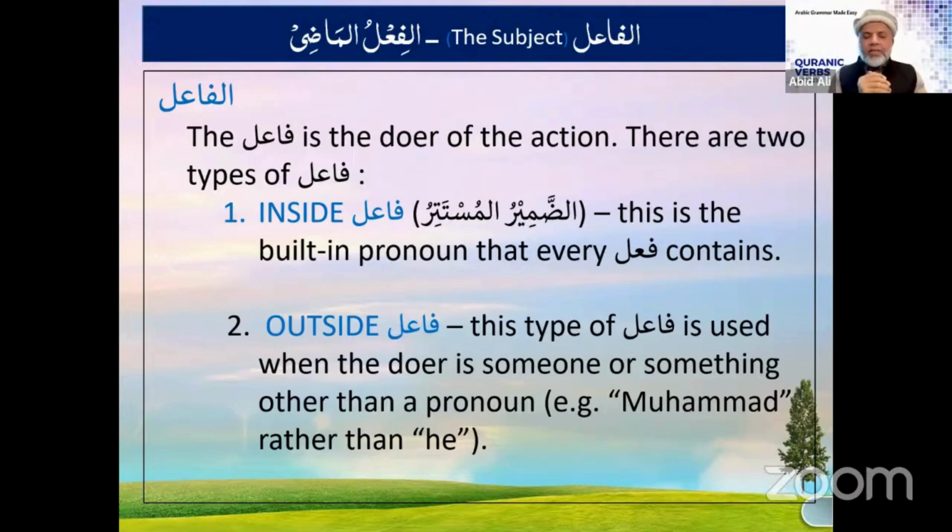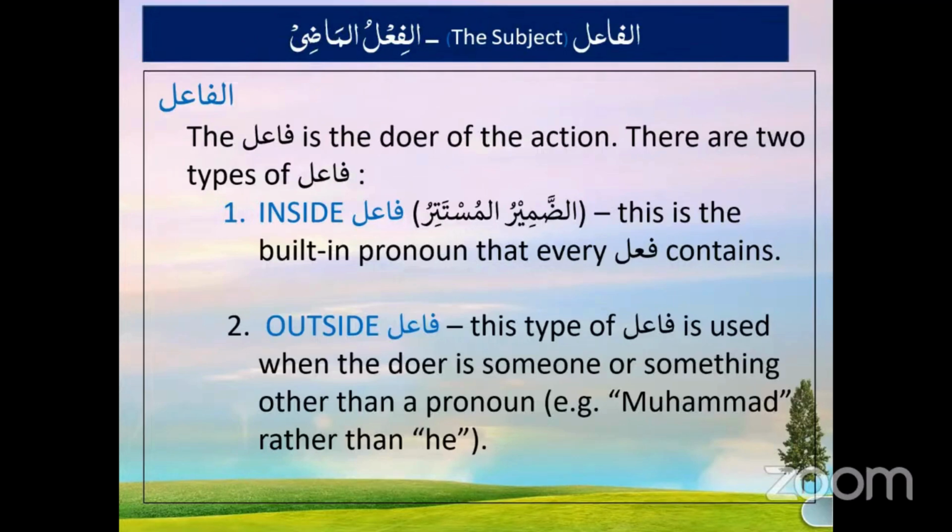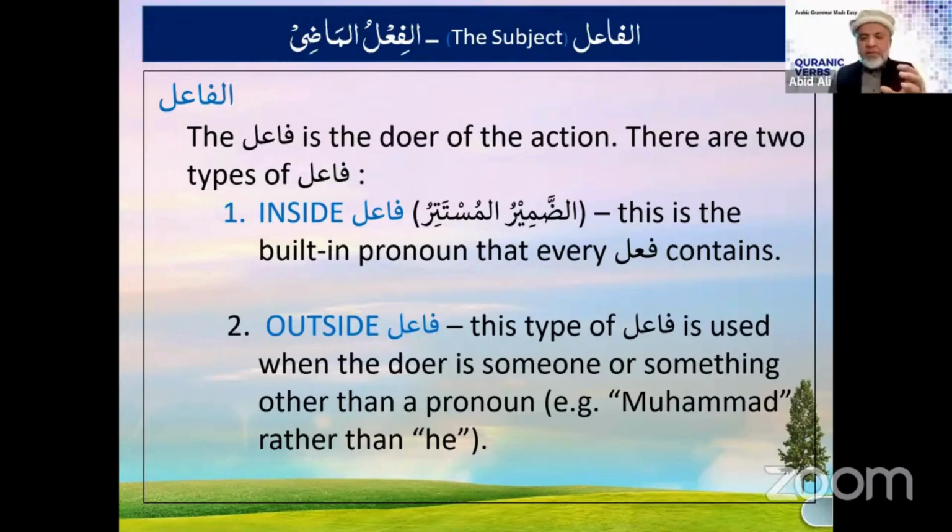Outside fa'il is when the fa'il is outside of the verb, it's visible. So if I say Abid came and he sat down. In the verb Abid came, did I say he or Abid? Abid. So is Abid the one who came?